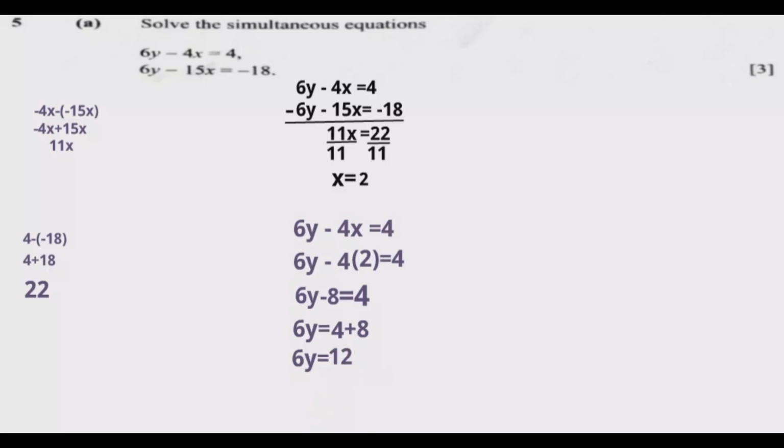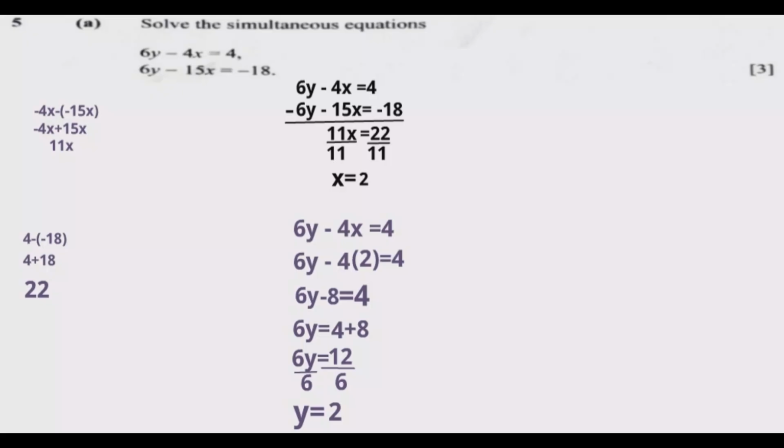Okay, now since we have 6y equal to 12, we want to know the value of y. That means we will divide both terms, 6y and 12, by 6, so that y remains alone on one side of the equal sign. So 6y divided by 6 will give us y. Then 12 divided by 6 will give us 2. So the value of y in these two equations is 2.